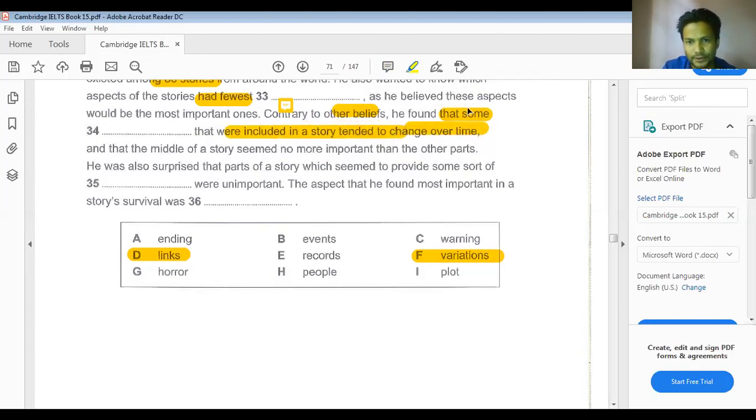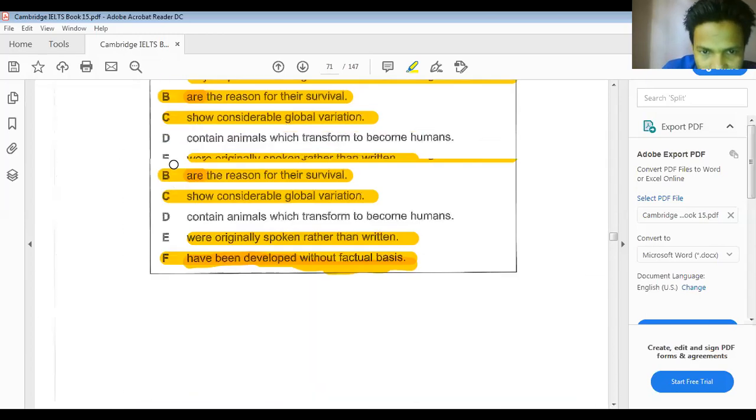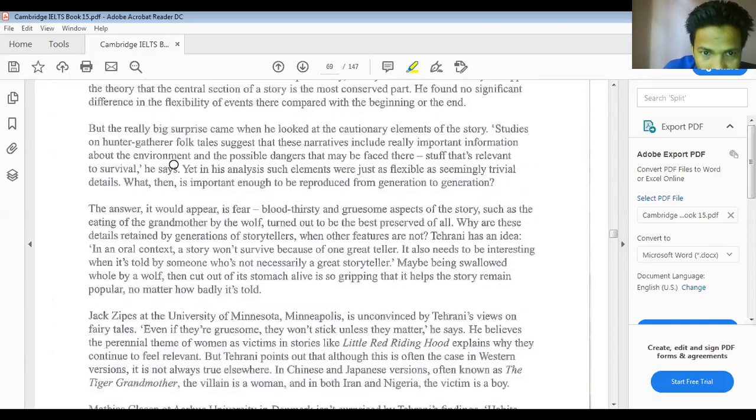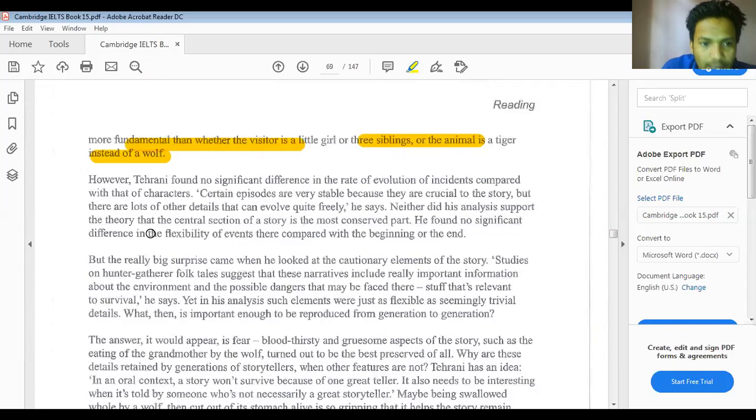What were included? Let's quickly search the answer below. However, on the contrary, this is the keyword. Okay, we got the answer. They found no significant difference in the rate of evolution of incidents compared with that of characters.